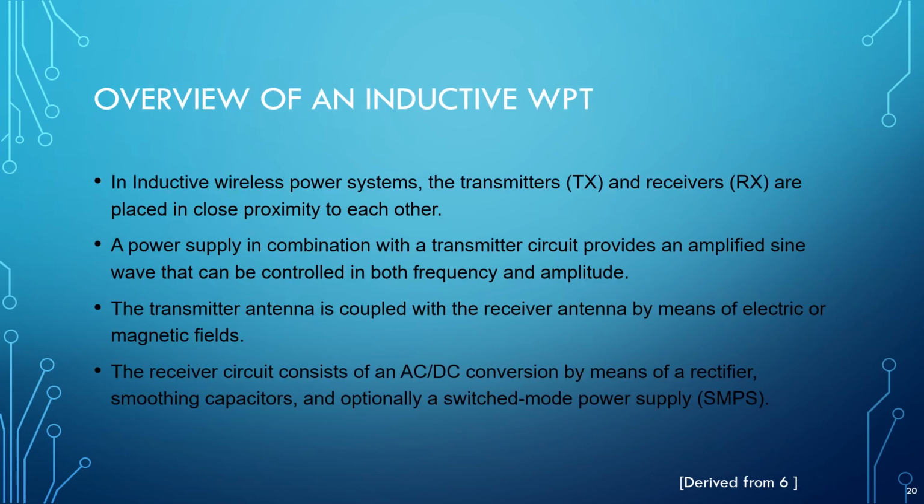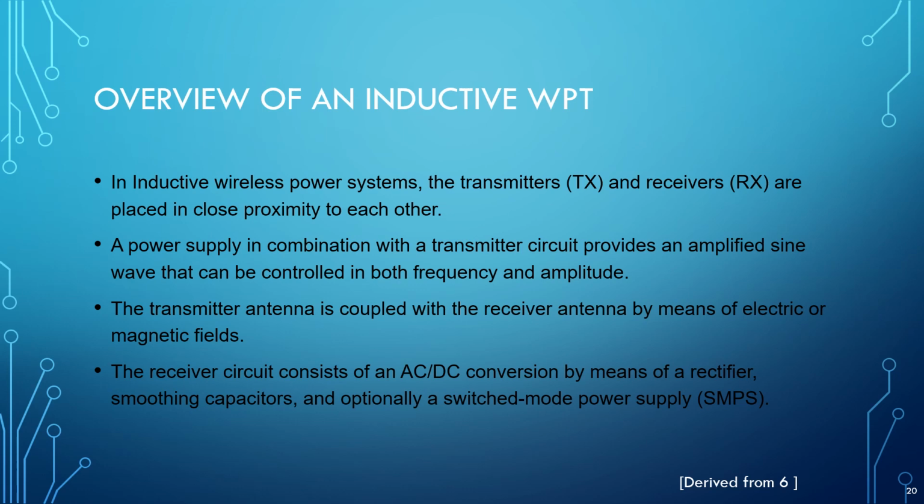Next is an overview of an inductive wireless WPT, that is wireless power transmission system. In inductive wireless power transmission systems, the transmitters and the receivers are placed in close proximity to each other. That is, the TX and RX are held at close proximity to each other.